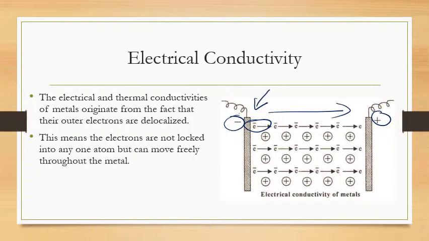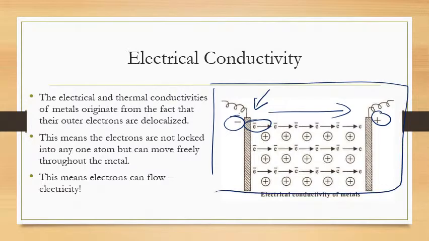The heat can easily transfer from atom to atom. So this diagram illustrates why electrons can flow, why there is electricity, because remember, you need electrons to be able to move in order for a charge or electrical current to flow in a circuit.